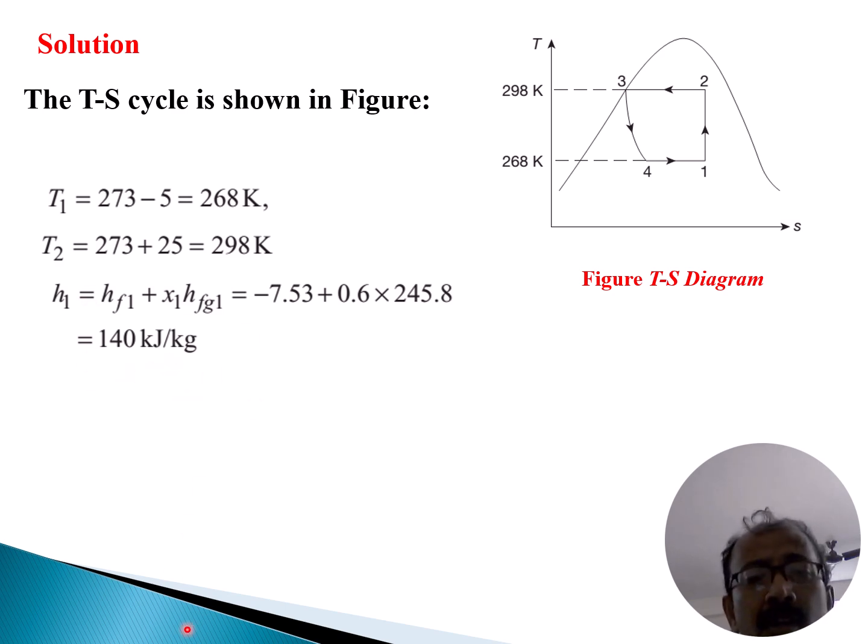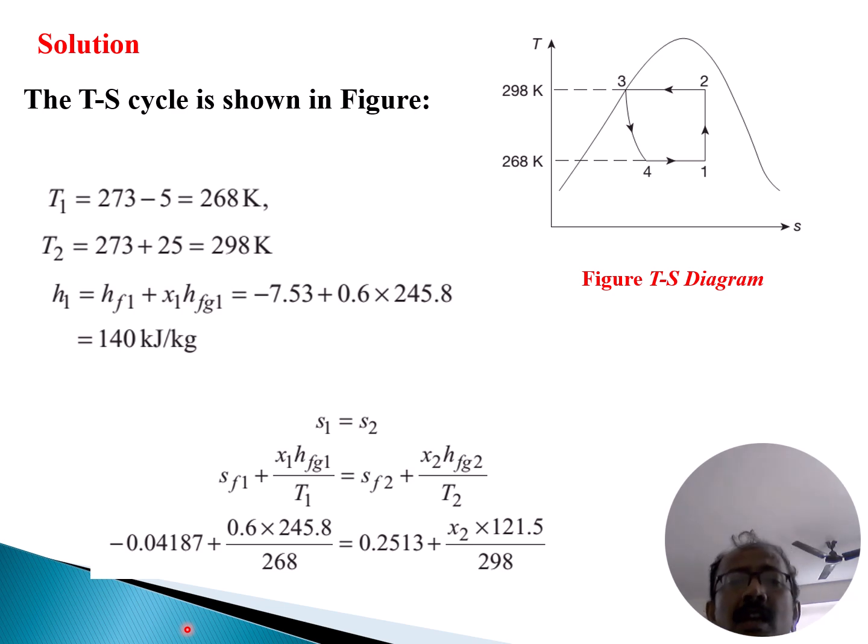So h1 can be easily calculated with the help of this formula, that is 140 kilojoule per kg. Now from this chart it is clear that s1 equals s2, that is the entropy is the same. So from the formula we can directly calculate the value by putting these values. This is the final equation, the formula for s1, and this is the formula for s2.